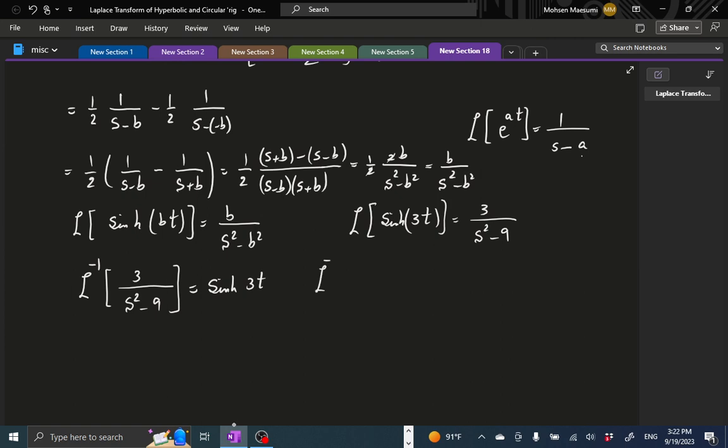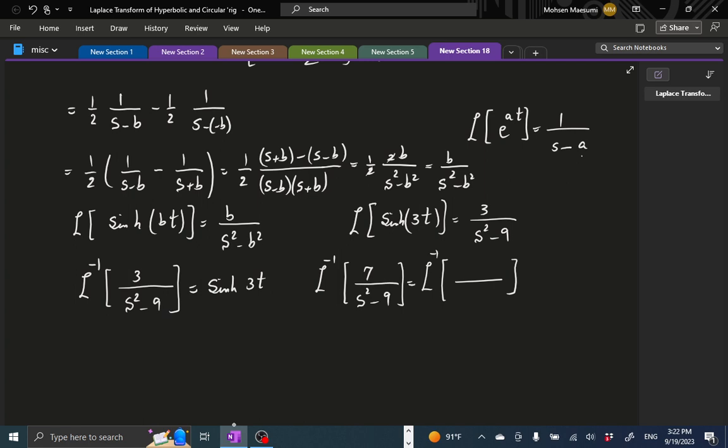Typically, we come across situations where this number is not conveniently the square root of this number, rather something else. So suppose I have 7 over s squared minus 9. How do you clean this up? The easiest way is to use multiplication and division.